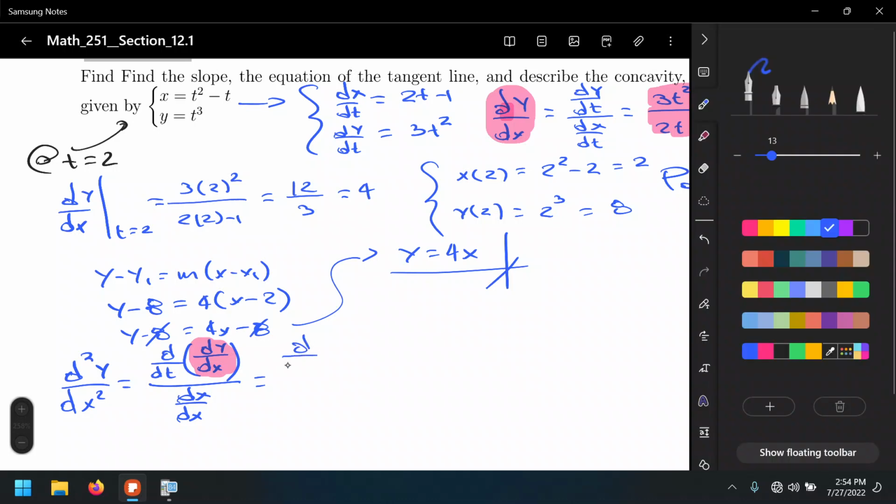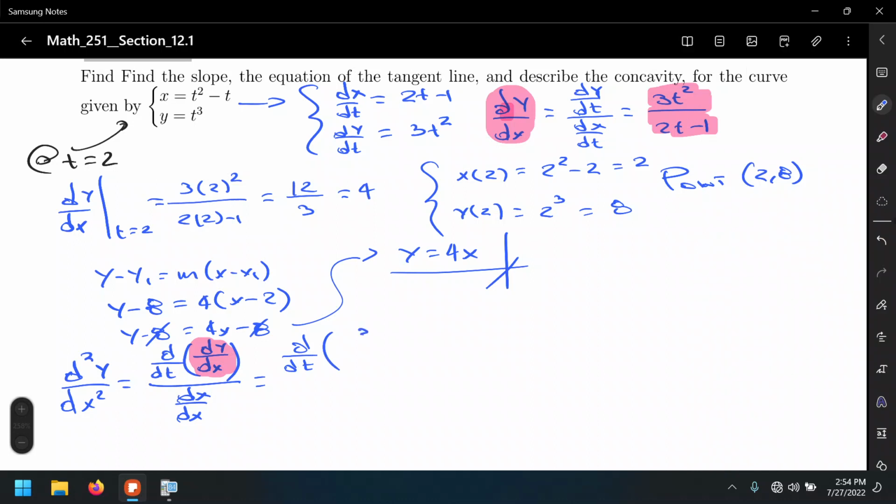So that's the derivative with respect to t of the quotient 3t squared over 2t minus 1. And yes, I know, this one is going to require the quotient rule.